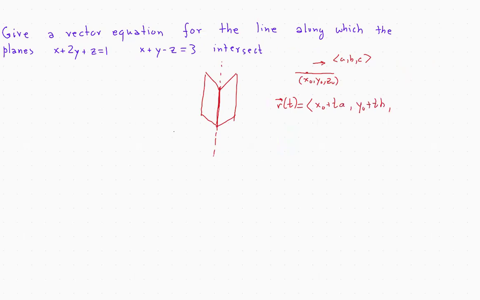The way I like to think about this is that you vectorize the point, so you make a vector out of the point, and you add t times the direction vector. That's an easy way to remember how you find this equation.